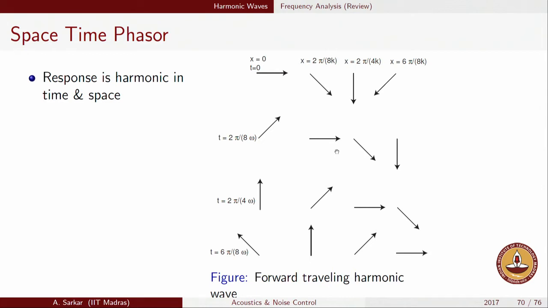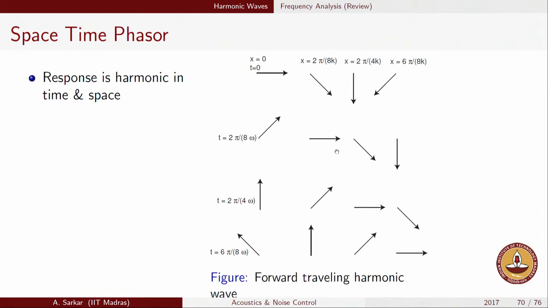If we depict this in phasor form at any point, we will see that at consecutive instants of time it occupies different positions, giving the feel that the vector is rotating in the anticlockwise direction with a speed of omega.